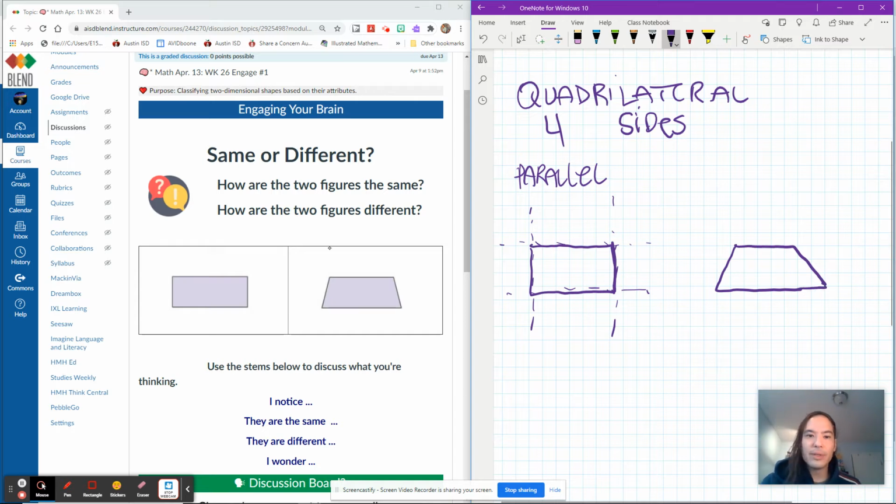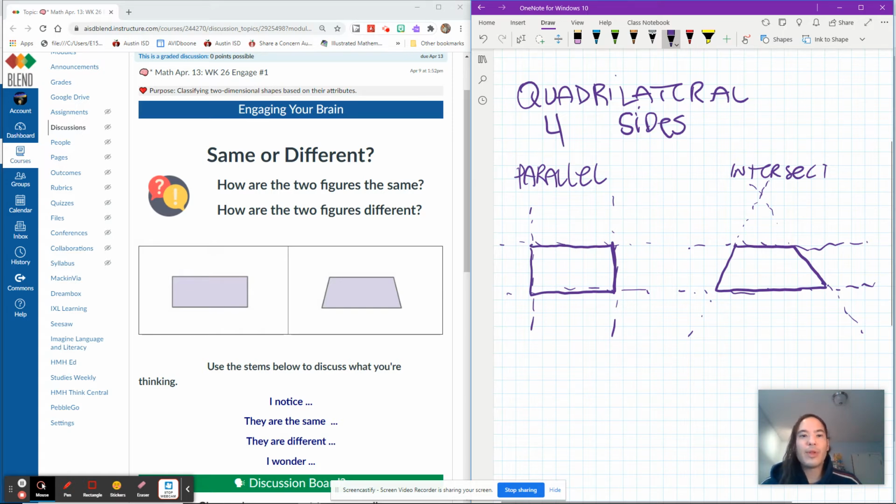It's a quadrilateral, but two of those lines, if we make them go on forever, will intersect. These two sides will intersect, and these two sides will go on parallel forever. So on the left, a rectangle, and on the right, a trapezoid.